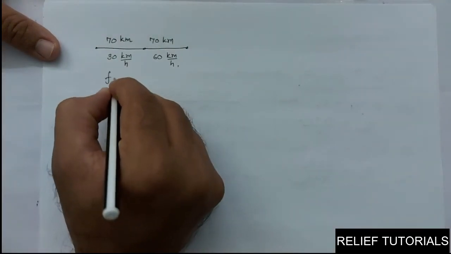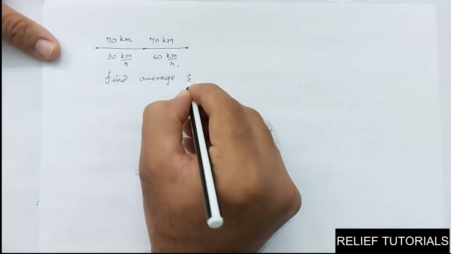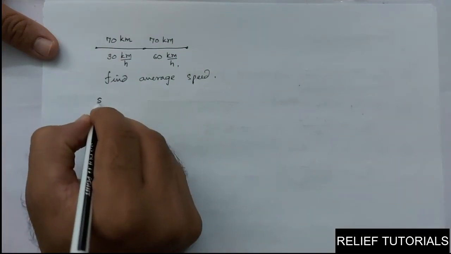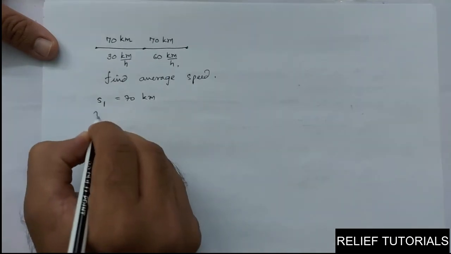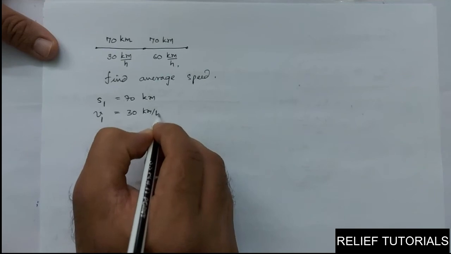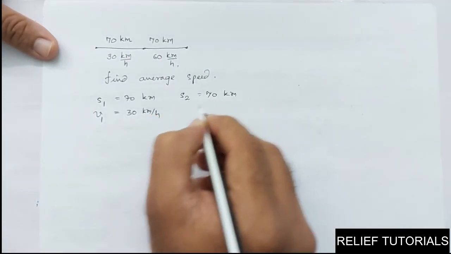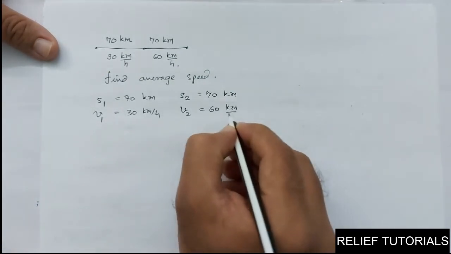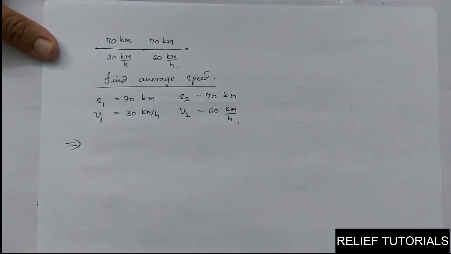Then find average speed. For the first part we have been given S1, means distance, 70 km. V1, speed, is given as 30 km per hour. S2 is again 70 km. V2 is given as 60 km per hour. We have to find average speed.